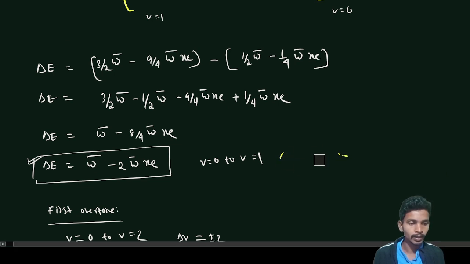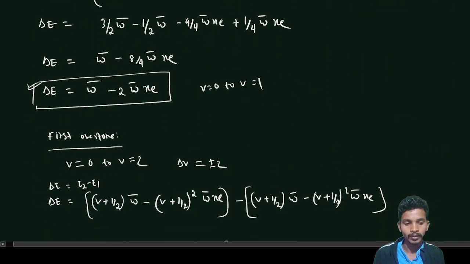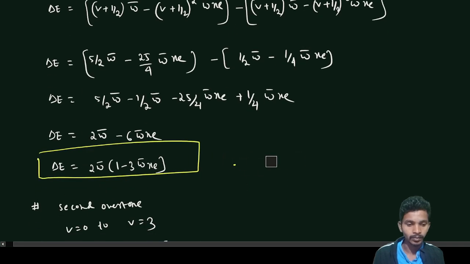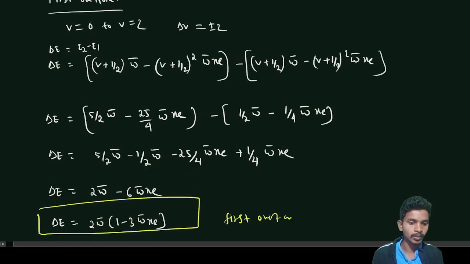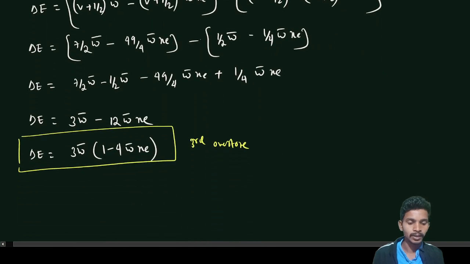So this is for fundamental vibrations, v equal to 0 to v equal to 1. For first order terms, v0 to v2, that is the first overtone. This is for second order terms.